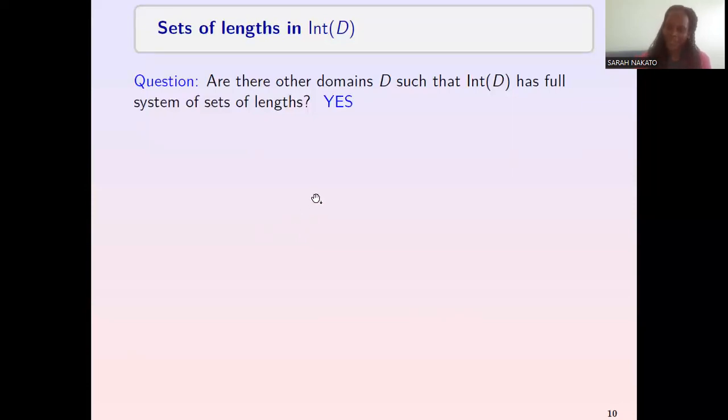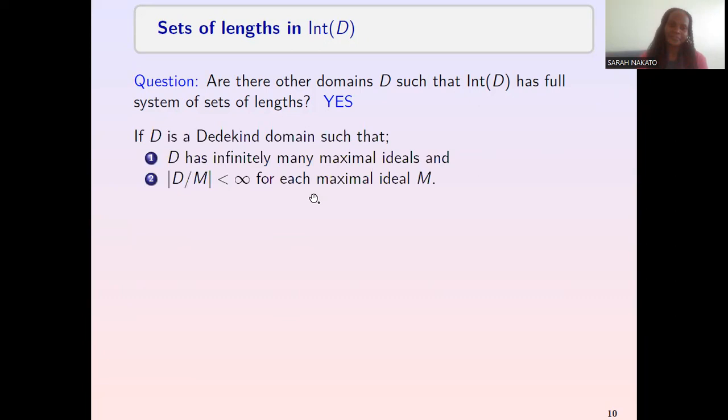And we got a positive answer. If D is a Dedekind domain with infinitely many maximal ideals, all of finite index, then Int(D) has a full system of sets of lengths.